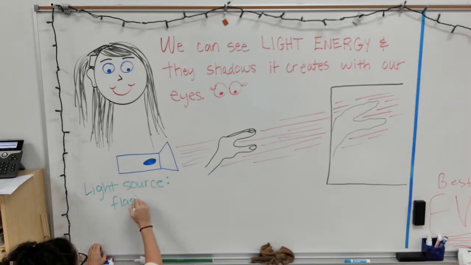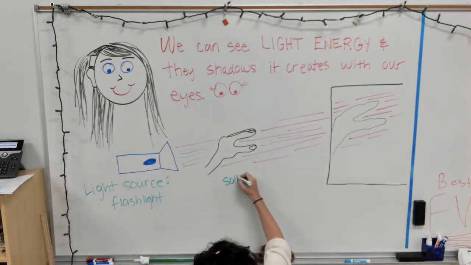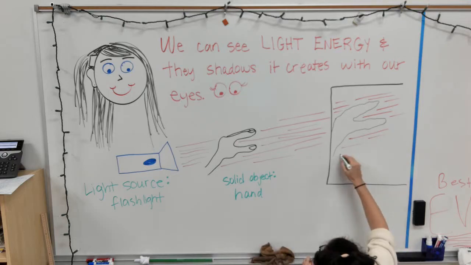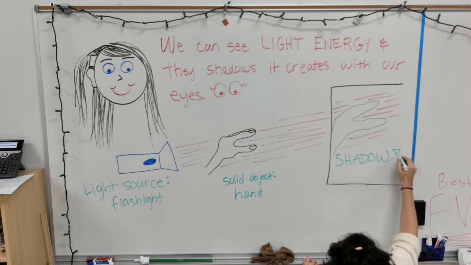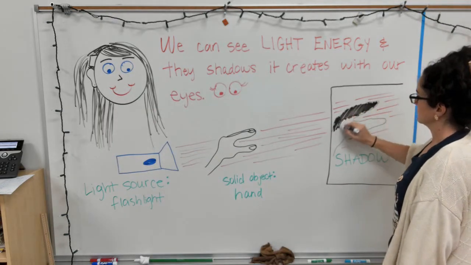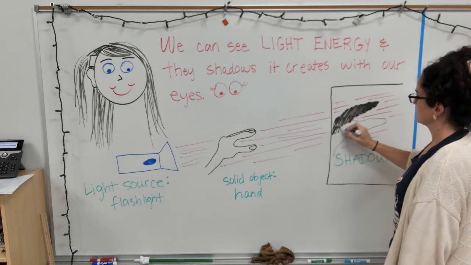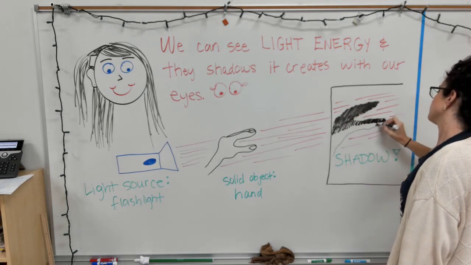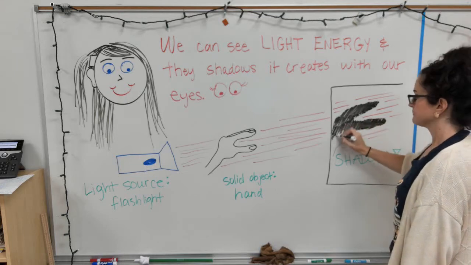Sometimes it might bounce off and go in a different direction, like a reflection. Or the light might refract, which just kind of means it makes something look broken or kind of wobbly shaped.